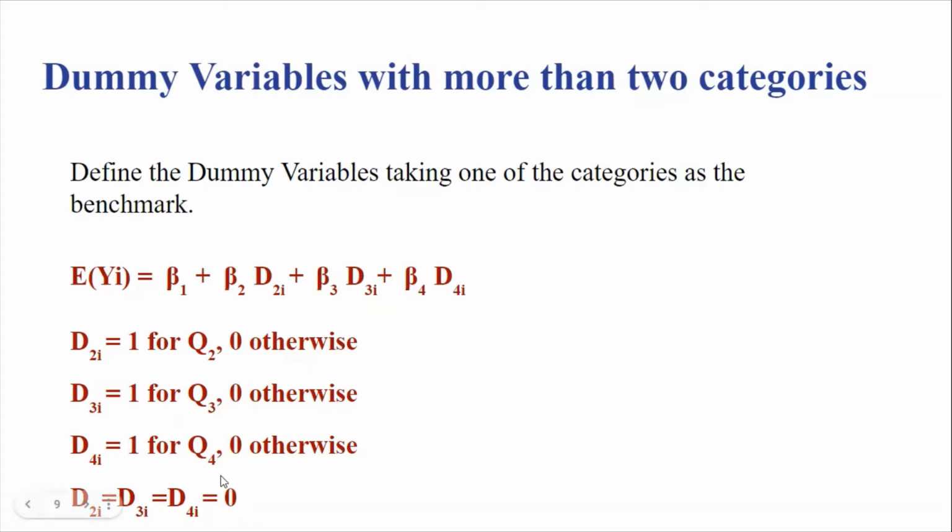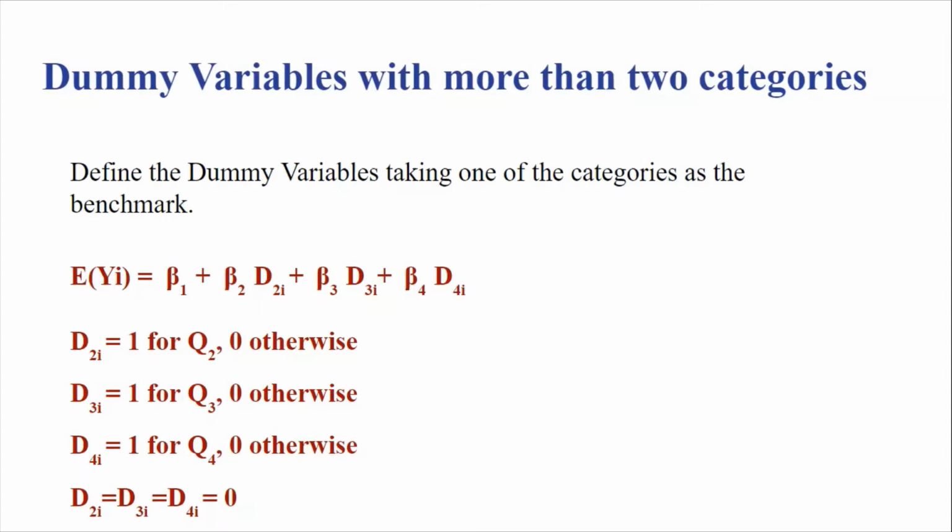If D2i, D3i and D4i are 0, then quarter 1 has value 1. Please make a note of this: if you are dealing with 3 categories of a dummy variable, then you need to introduce only 2 dummy variables because the third would be automatically indicated, right?